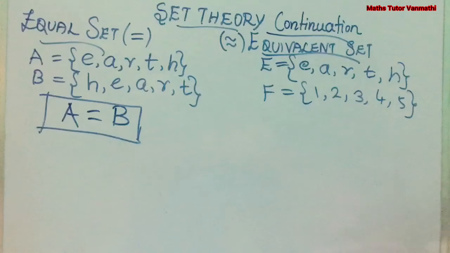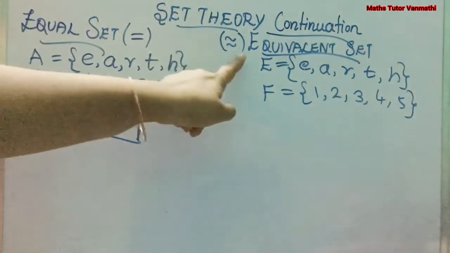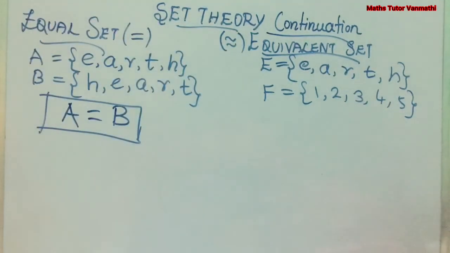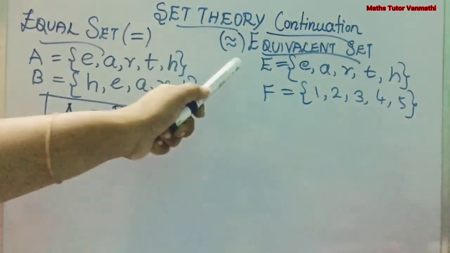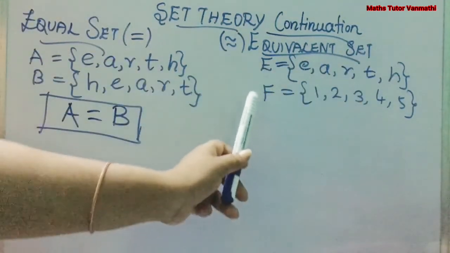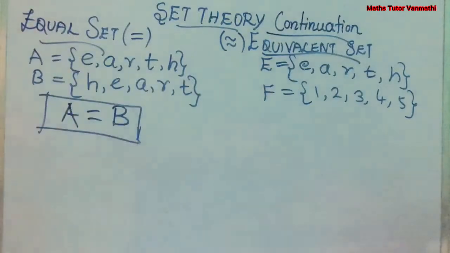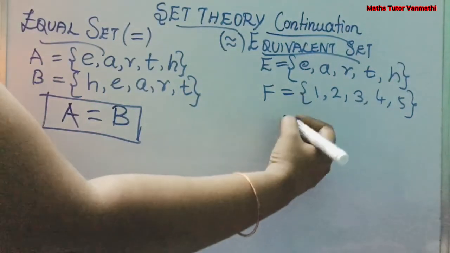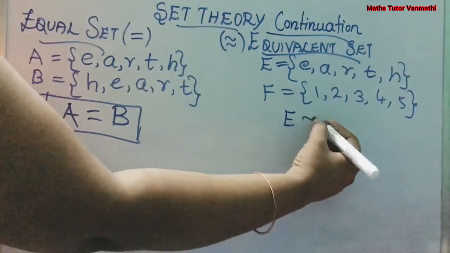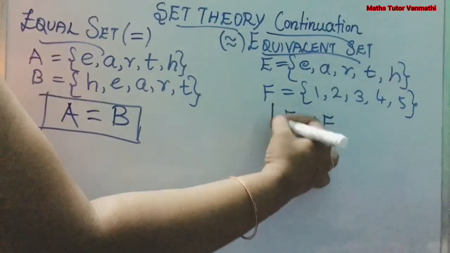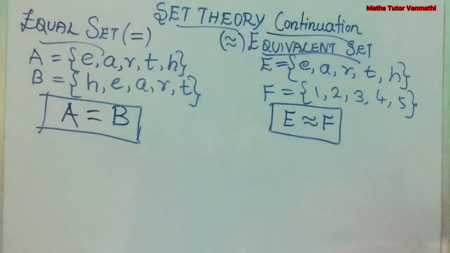The number of elements is the same in both E and F, but the elements are different. Set E has alphabets and set F has numbers. So these two are not equal, and hence they are called equivalent sets. E is equivalent to F. Clear? Next, through the definition, you can easily understand equal and equivalent sets.